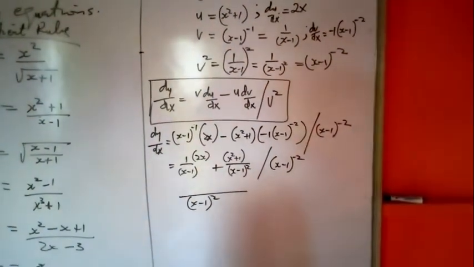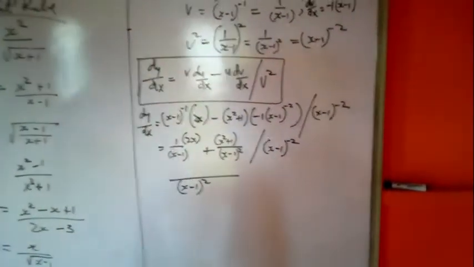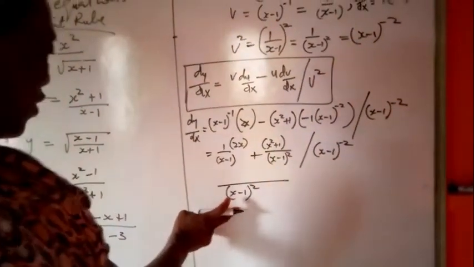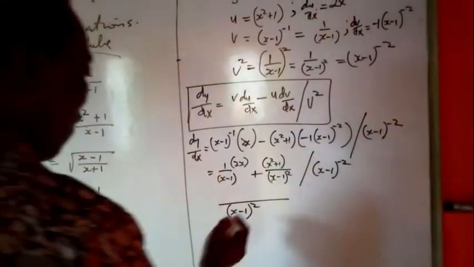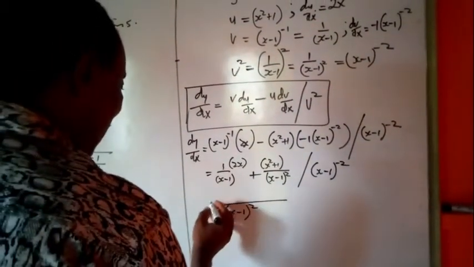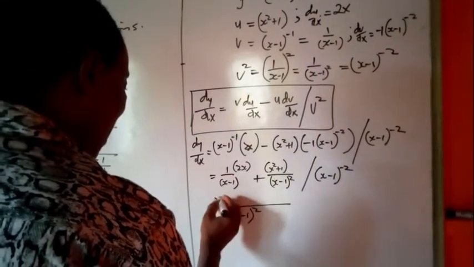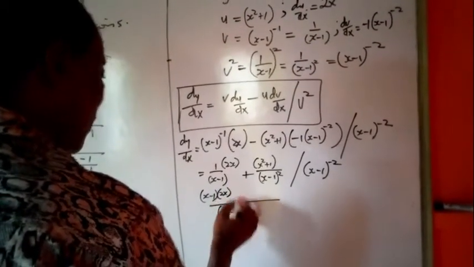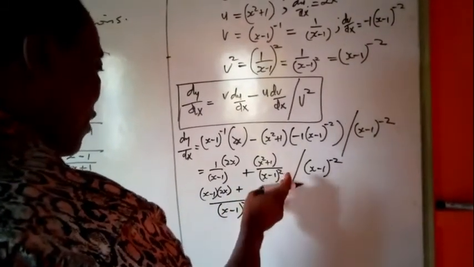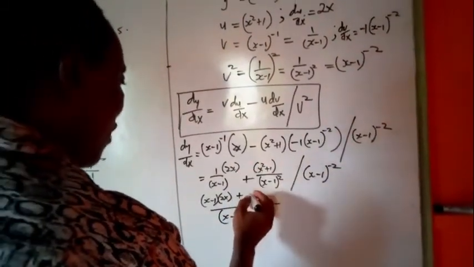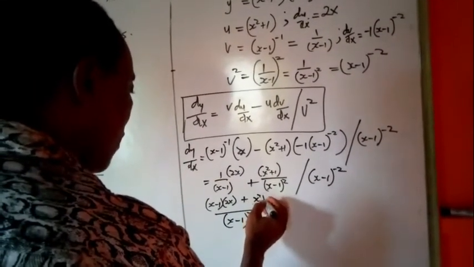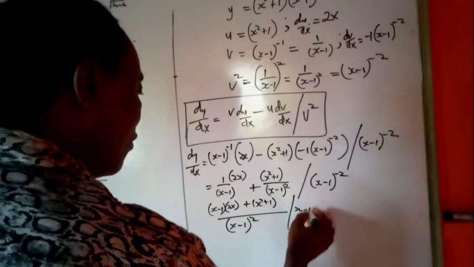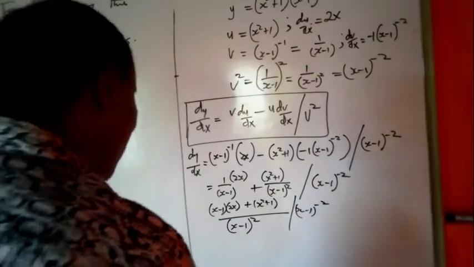So, since you have x minus 1 raised to power 2, this will go into this twice. So therefore, 1 will go. So what you have actually is x minus 1 bracket 2x plus, this one will go into this once. What you have there becomes x squared plus 1 all over x minus 1 raised to power minus 2.